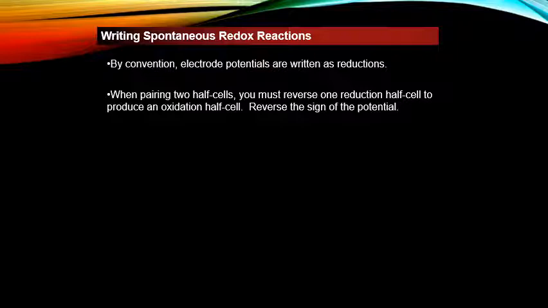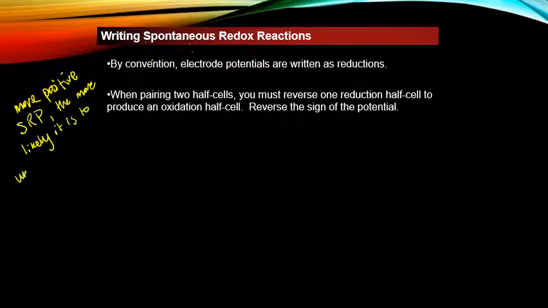Which one you choose, again, remember, the more positive the value is, the more likely or the greater tendency that substance is to undergo the reduction. So the more positive standard reduction potential, so I'm just going to call that SRP, the more positive that standard reduction potential is, the more likely it is to undergo the reduction.